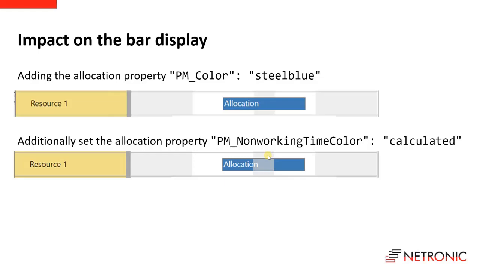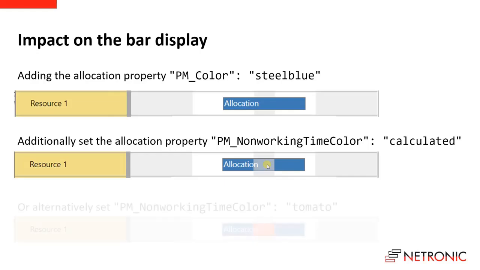So for example, if we have a red allocation bar or a green allocation bar, then this part that crosses the non-working time will adapt to the specific color of the allocation.